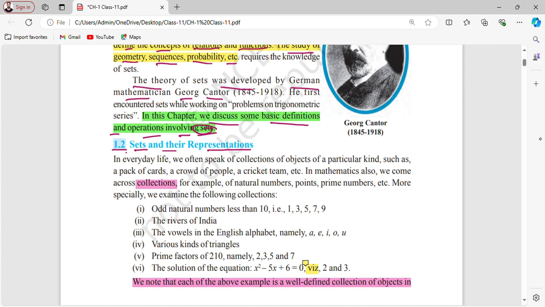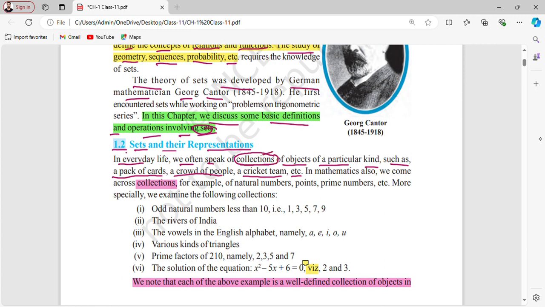In everyday life, we often speak of collections of objects of a particular kind, such as a pack of cards, a crowd of people, a cricket team, etc. So, the word collection is important here.